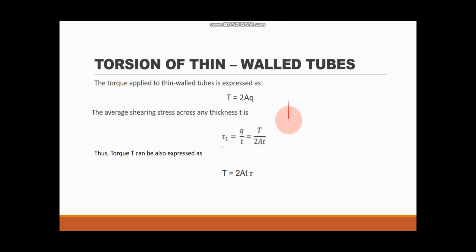So we will consider a tube that is rigidly attached to a wall, and let us assume that the cross section is constant up to the end, but the wall thickness is allowed to vary within the cross section.